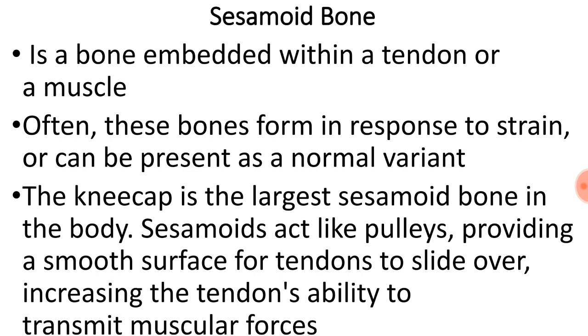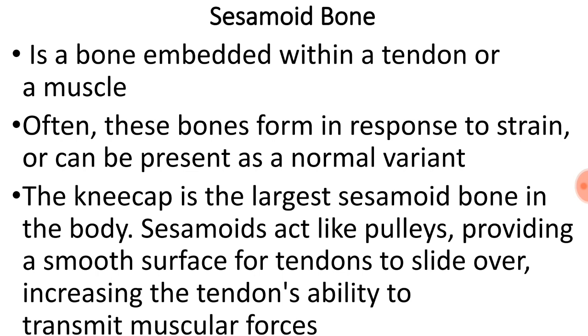So these sesamoid bones, they act like pulleys kwa ajili ya kuprovide ile smooth surfaces za kwenye tendons kuslide kwa ajili ya kwamba ile movement of the muscles, contraction na relaxation iwe rahisi, like patella, kneecap, ile type of the structure found kwenye goti is the largest sesamoid bone.